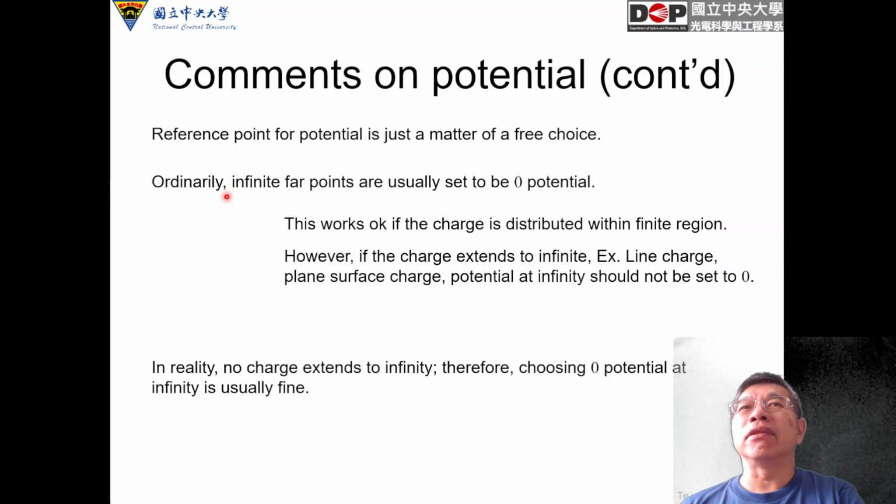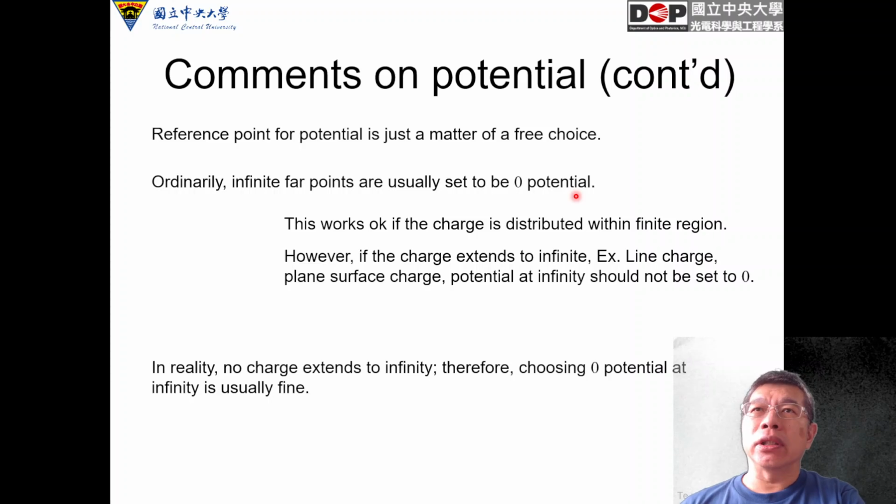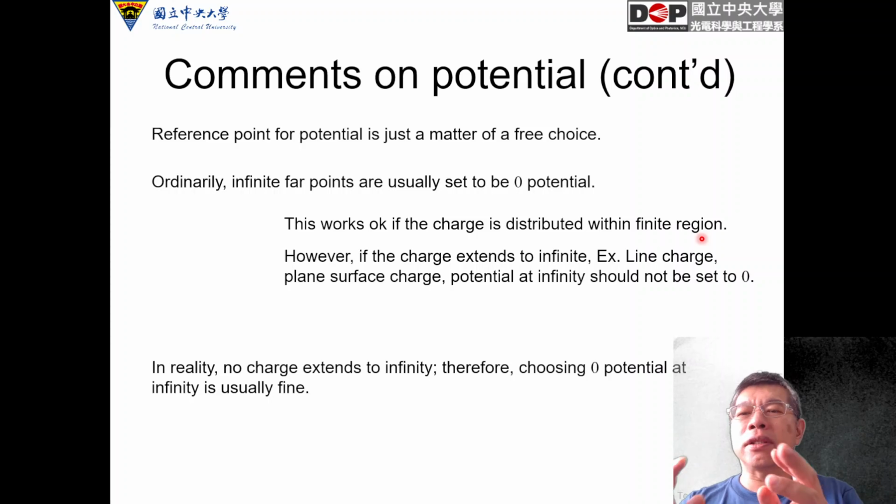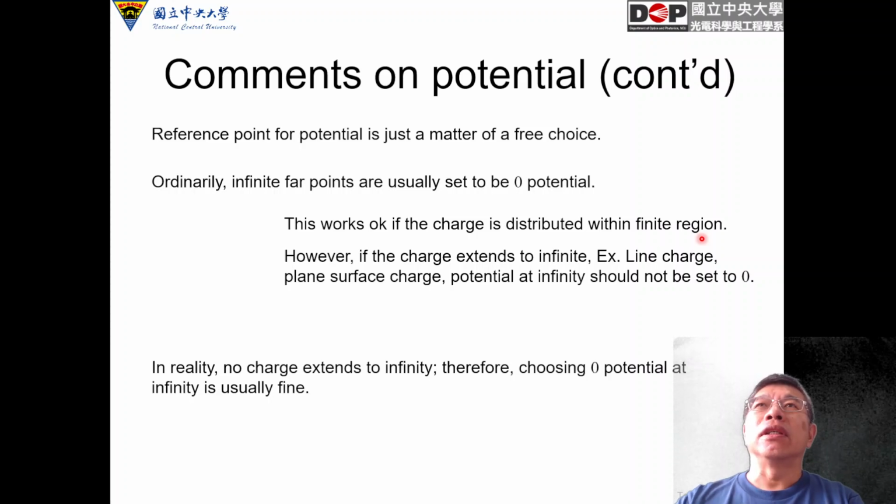Ordinarily, points infinitely far away are usually set to zero potential. If there is no good reference point, you usually pick something easier for calculation, so infinity is probably a good one. This works okay if the charge is distributed with a finite range. In other words, if the charge is just distributed locally, infinitely far is okay.